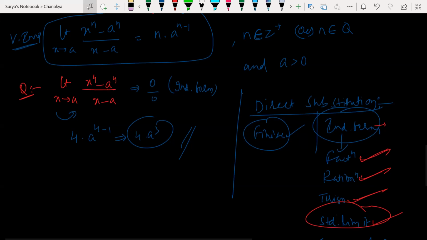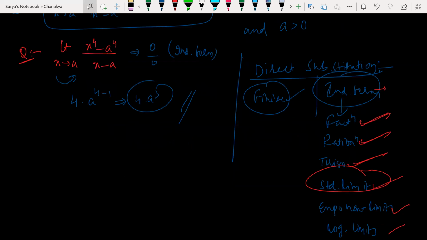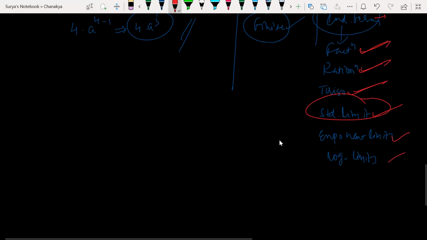Yes or no? Yes, sir. Now we are in standard limit, so we are solving standard limit formulas. Now let me give one more problem.